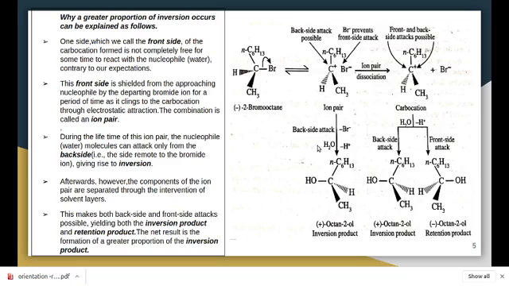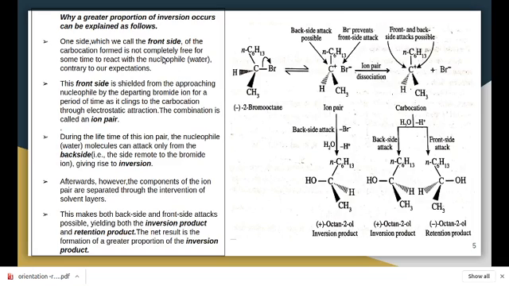That means in this step, during the lifetime of the ion pair, we will get the inversion product. Then after the dissociation of the ion pair also we get the inversion product. So altogether the inversion product is more, then somewhat the retention product is also there.